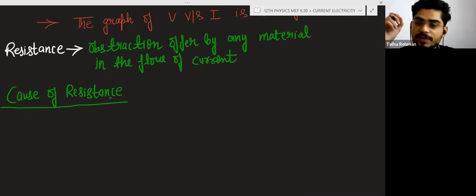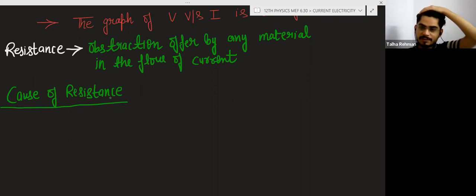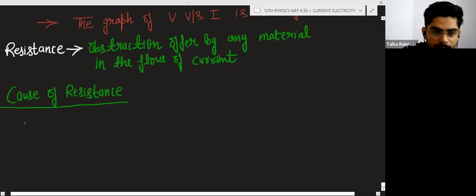Due to this collision, there is a change in the momentum, meaning a change in the velocity of the electron. I am not going into deep conversation of this, but I am just giving you the brief idea. The cause of resistance is the collision of free electrons with ions.